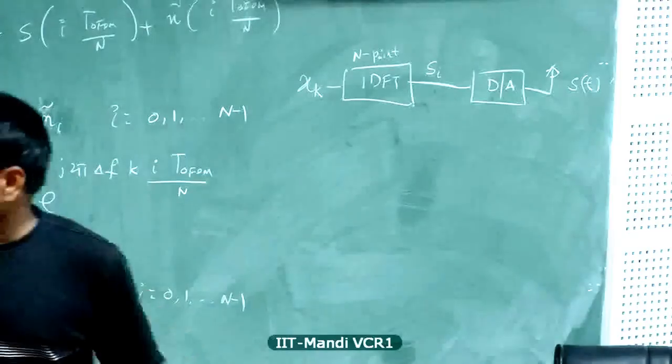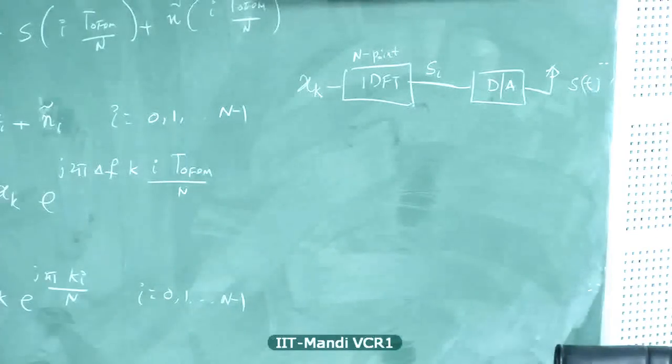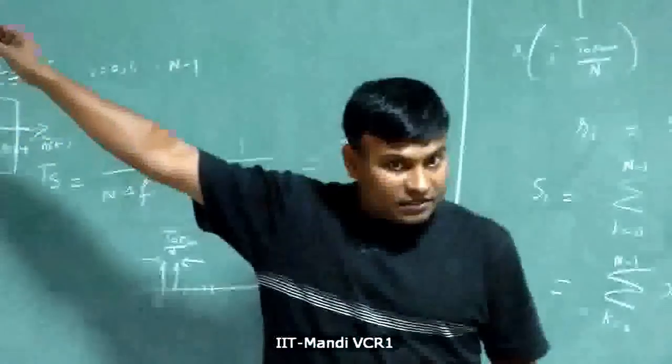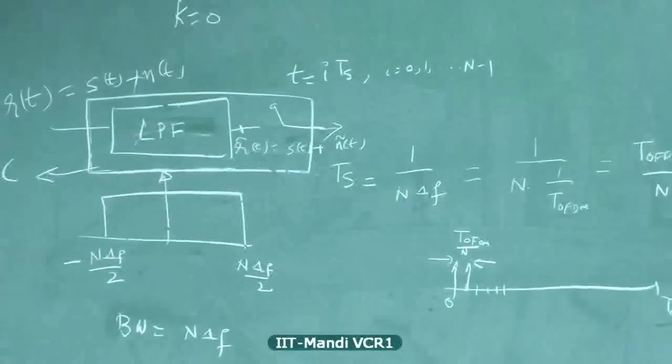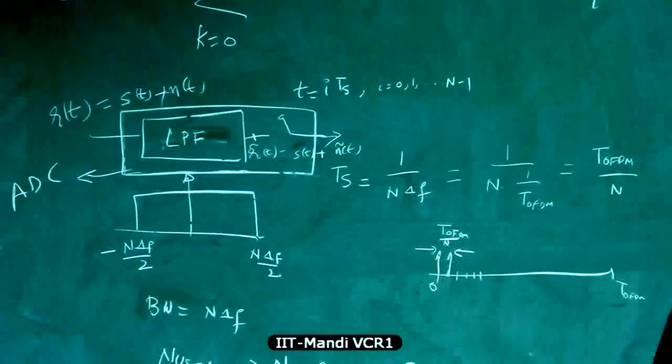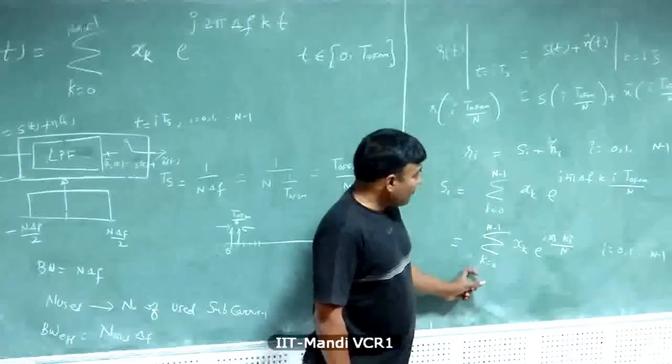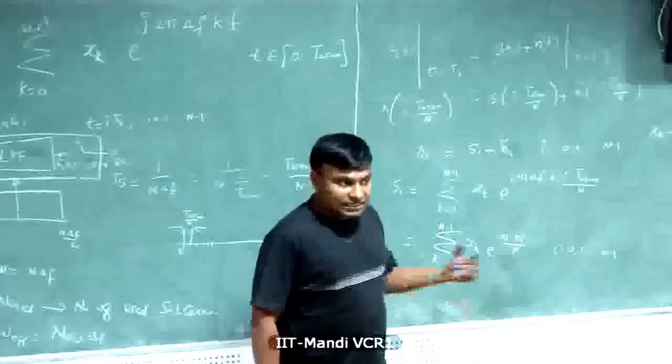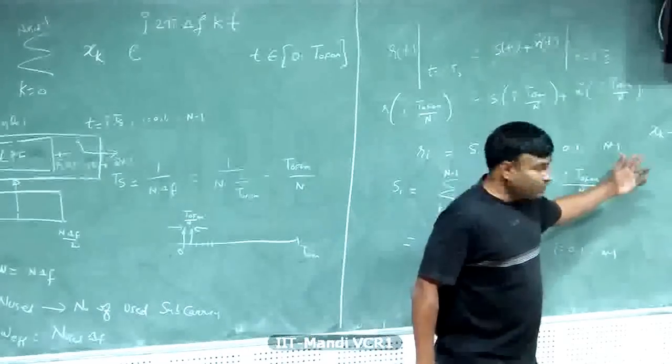However, it's really important to understand how this signal looks in continuous time form. It's always important to look at the signal in continuous time form, although this is much easier to deal with. So this is an n point IDFT. And why is this a popular way to implement?